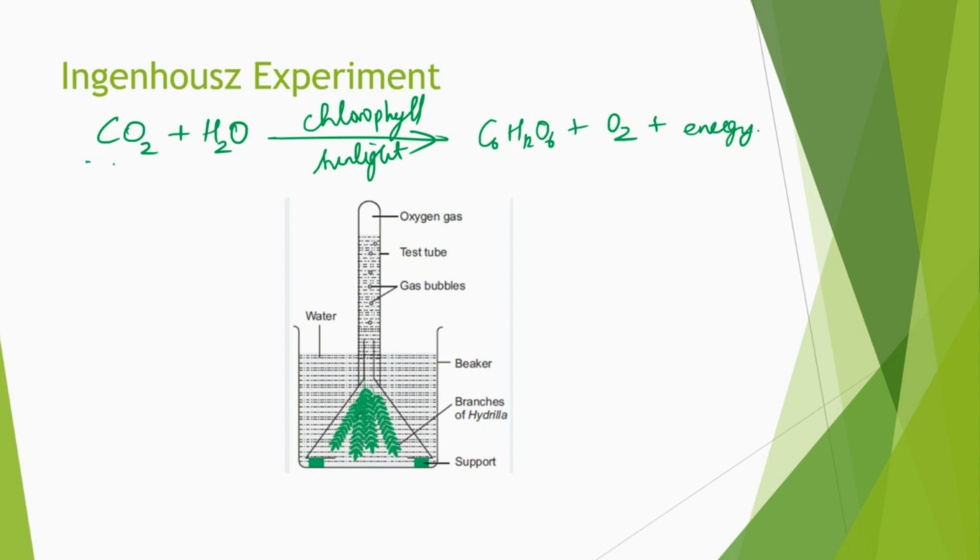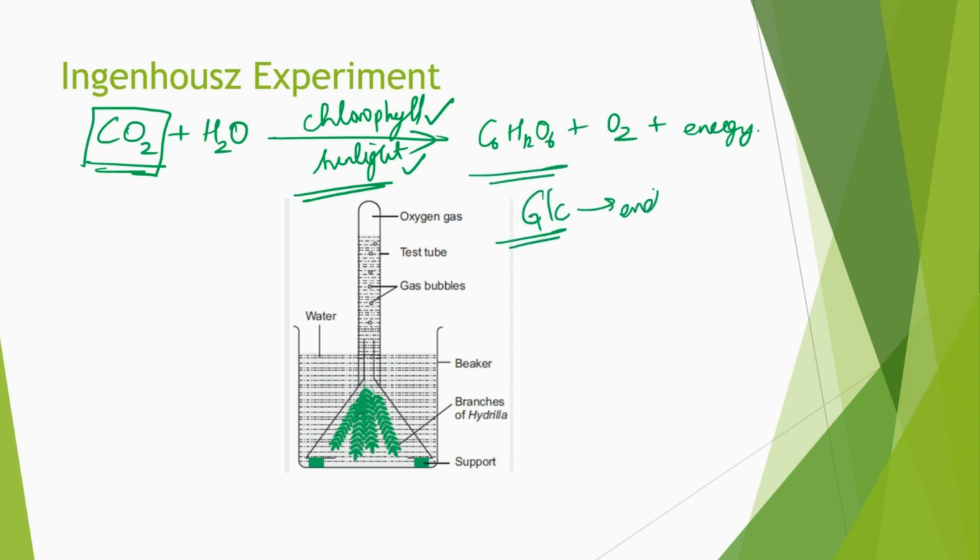We have studied a few experiments to show that carbon dioxide is essential for photosynthesis. Chlorophyll and sunlight are also very essential for this process to occur. Here we need to understand one thing: C6H12O6, that is your glucose, is your end product, meaning that is the product which is formed due to this reaction, whereas oxygen is called your byproduct.